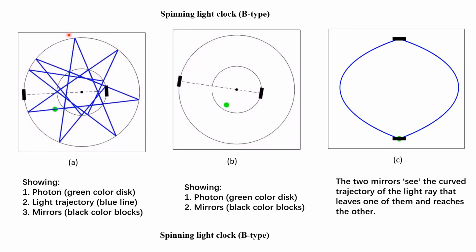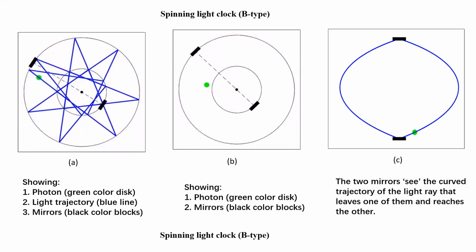another circular trajectory. In video A, it shows the photon light trajectory and mirrors, and in video B, it shows the photon and mirrors, but it does not show the light trajectory marked by the blue line in video A. In video C, it shows that the two mirrors see the curved light ray trajectory.